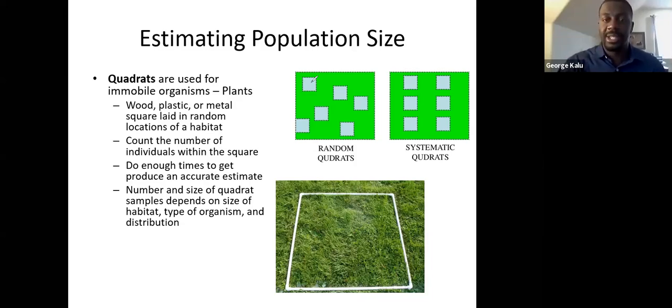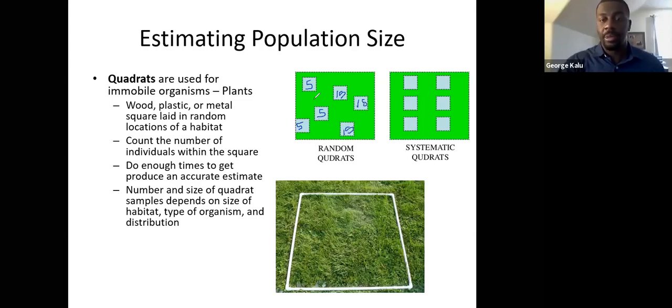Let's say over here in this field, we found 5 California poppies in this quadrat, another 5 here, and another 5 here. Then this one had 15 poppies, this one another 15, and this one another 15.